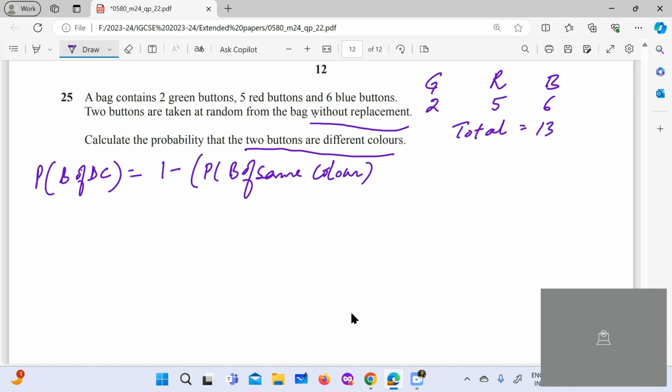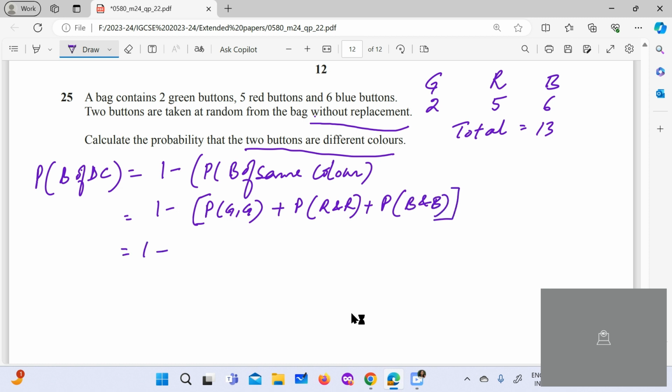Now look at this. You can write 1 minus the probability of getting green and green, or the probability of getting red and red, or the probability of getting blue and blue. So let's write all this.